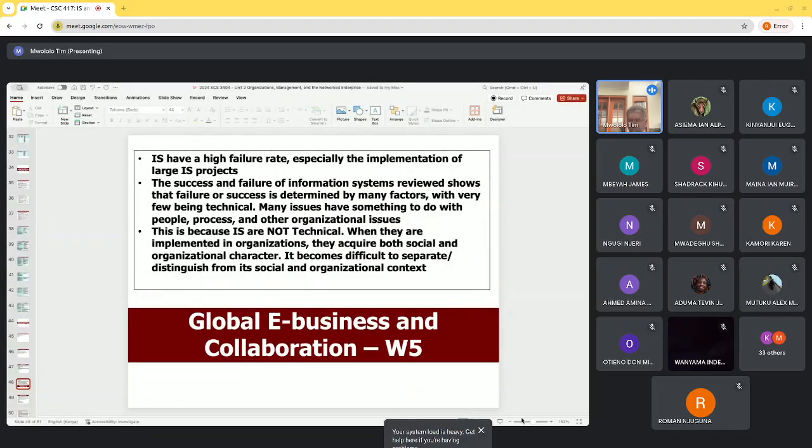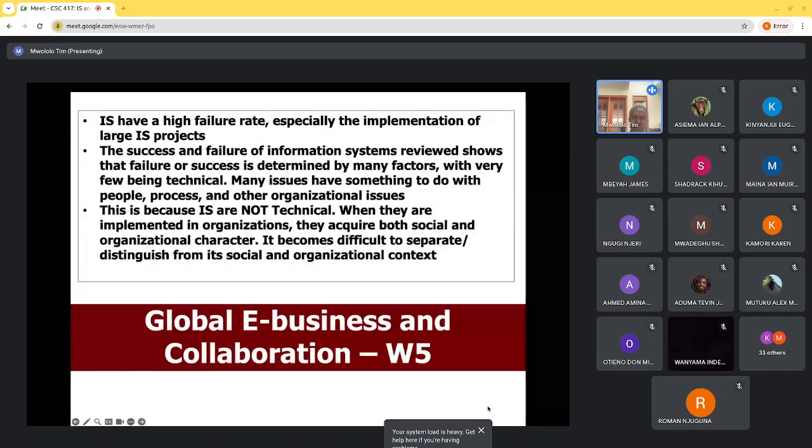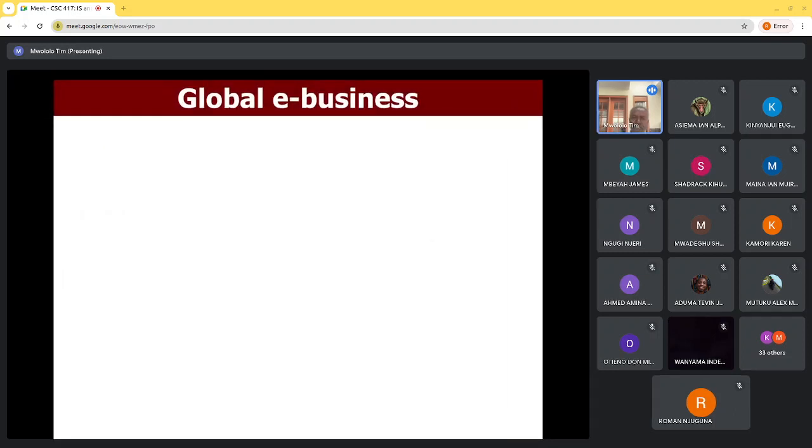So if I put it on slideshow, global business. What do you think this global business is, just looking at those two terms? What do you think it is?